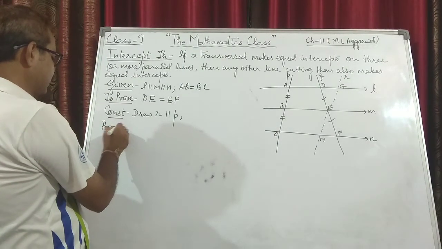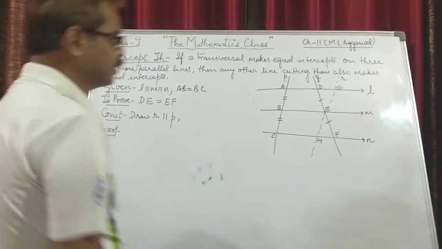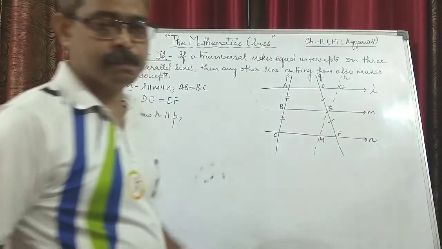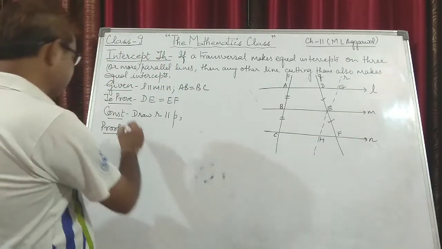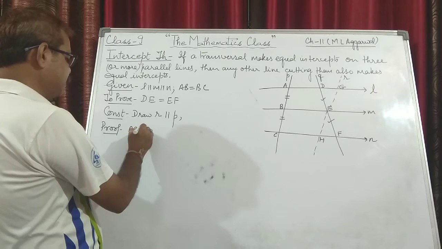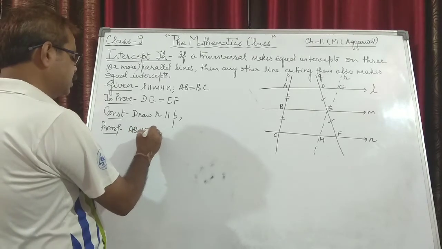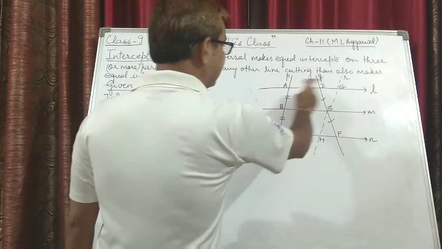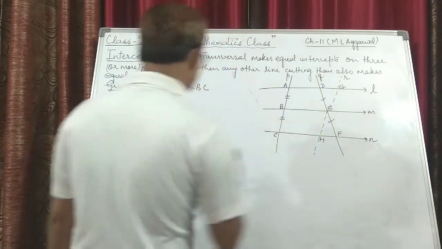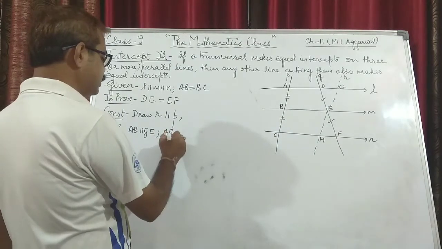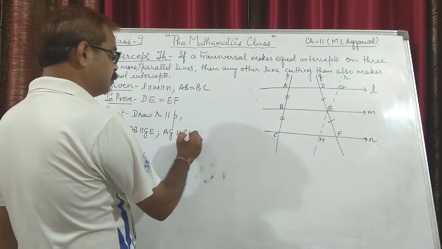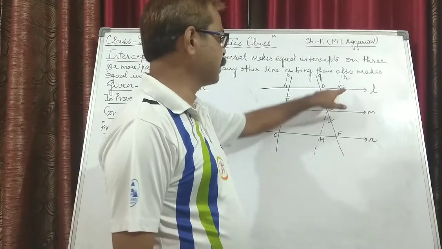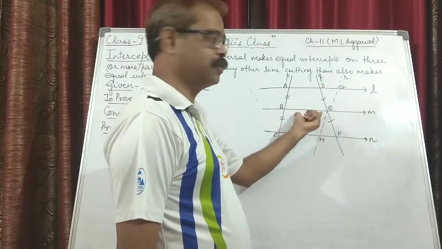What is the proof? You know that AB and GE are parallel. Why? Because of construction. We can say that AB is parallel to GE. And second point, we can say that AG is parallel to BE. Why? Because L and M lines are parallel, so obviously this part is parallel to this part.